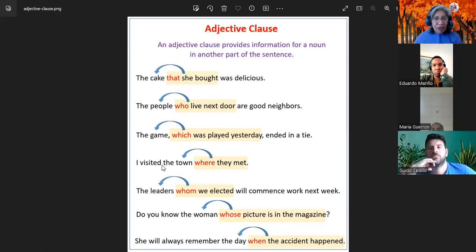Okay? Notice, I visited the town where they met. I'm talking about the town. Okay? She will always remember the day, complement, when the accident happened.